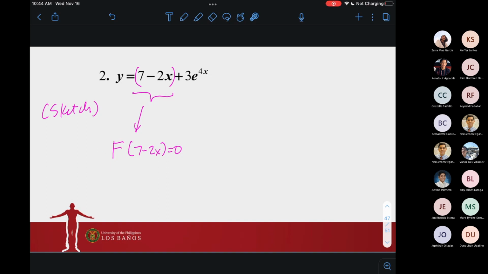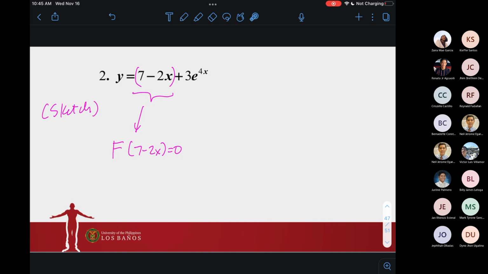So ano dapat klaseng instruction to differentiate yung kailangan kong gawin kay 7 minus 2x para maging 0 yung sagot? Anong klaseng differentiation? O paano ko i-differentiate si 7 minus 2x para maging 0 yung sagot? Partial? Hindi partial. Mas simple sa partial, Victor. Kasi walang partial dito kasi isa lang yung variable, x lang yung variable.